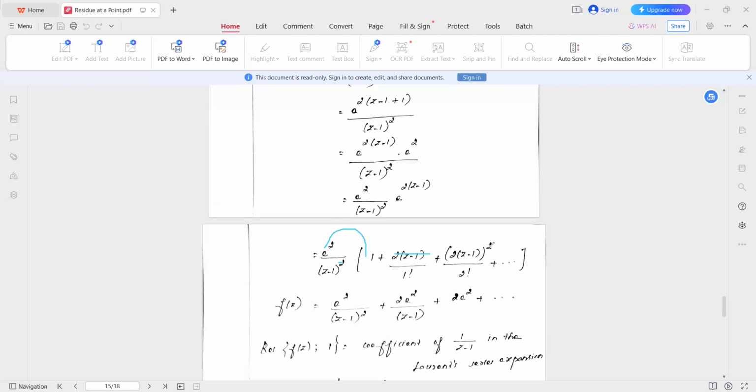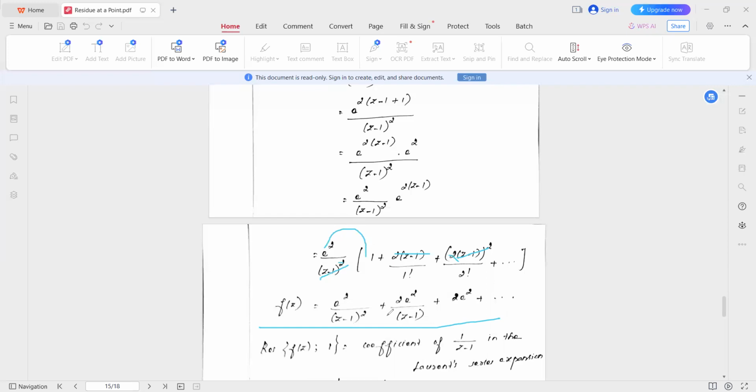In the third term, (z minus 1) the whole square gets cancelled, and with 2 square, which is 4, by 2, we get 2 e square, and so on. This is the Laurent series expansion for the given function.